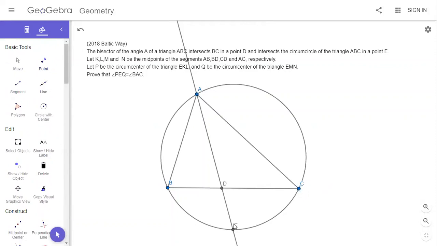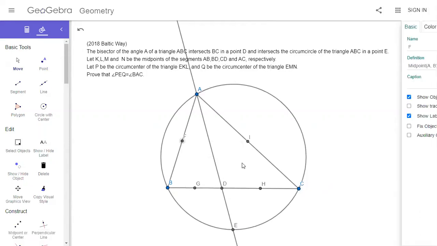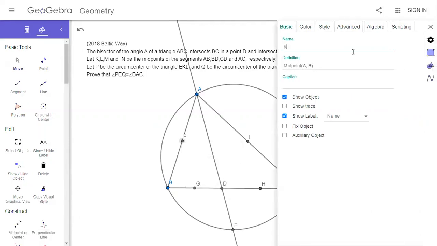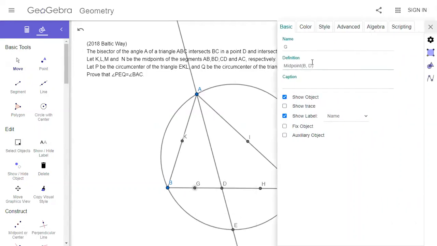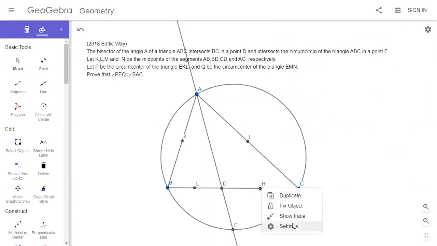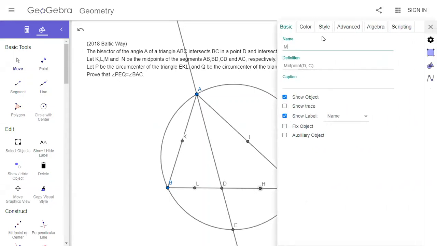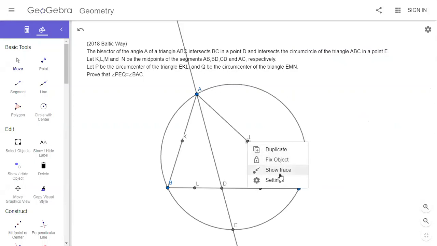All right. K, L, M, and N are the midpoints. So we have a bunch of midpoints here: AB, BD, CD. It's kind of interesting. So they call it K, L, M, N.